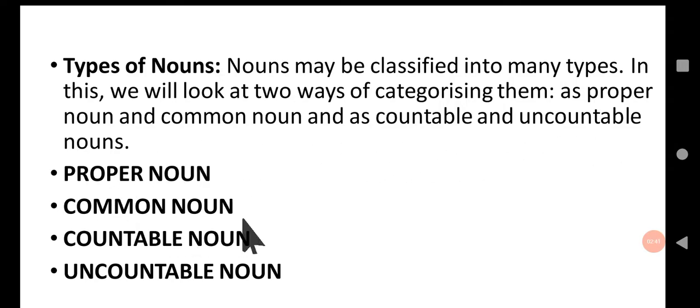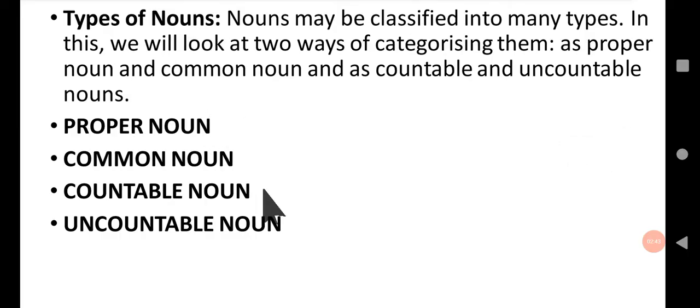Proper noun and common noun are one set. Countable noun and uncountable noun are one set. We also have abstract nouns, which are used under uncountable nouns, material nouns, and compound nouns. All these nouns are classified together into four types here.